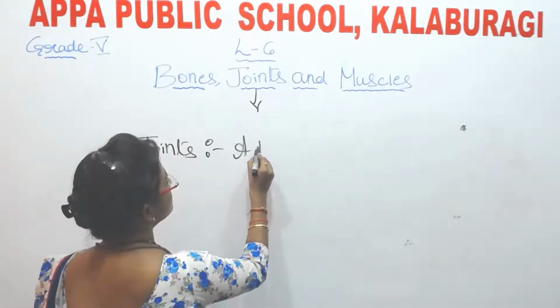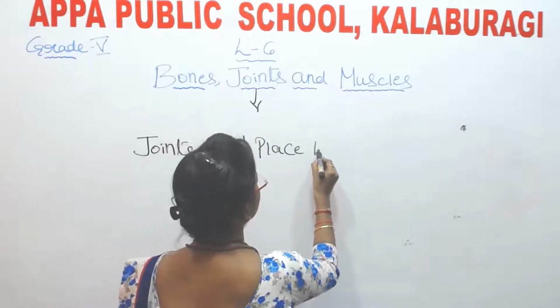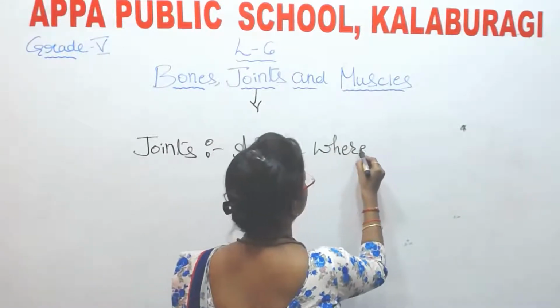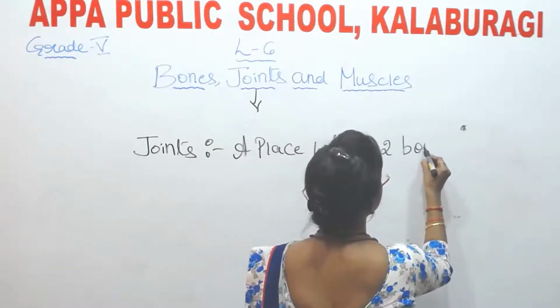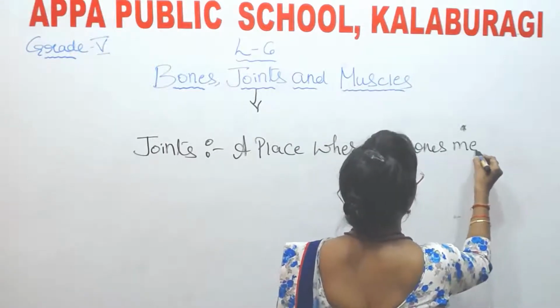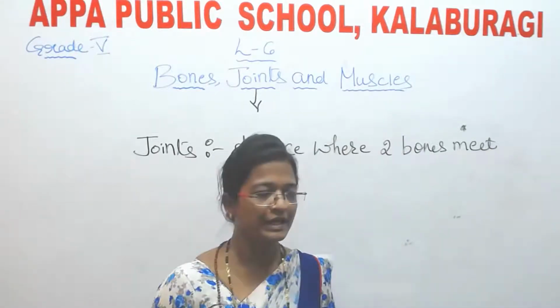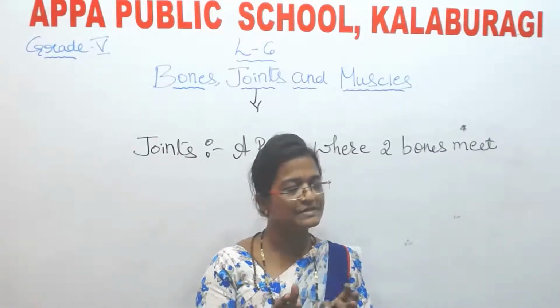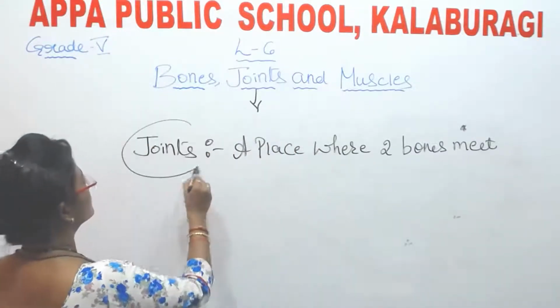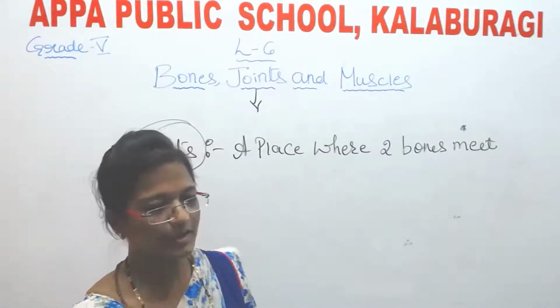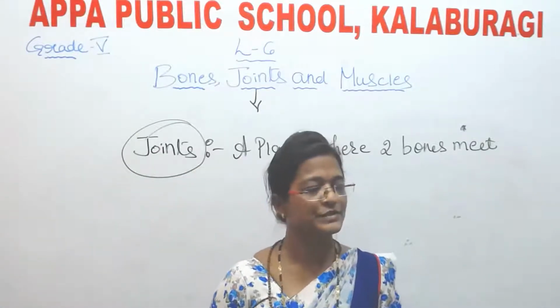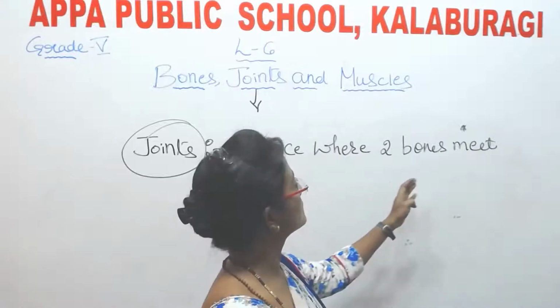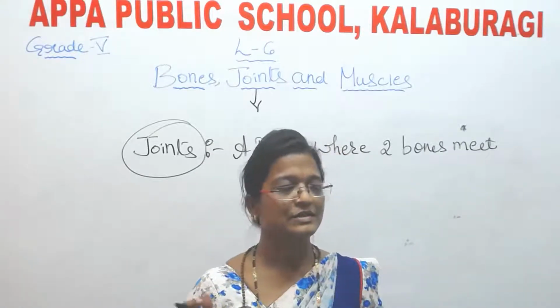A place where two bones meet is called a joint. A place where two bones meet is called a joint.